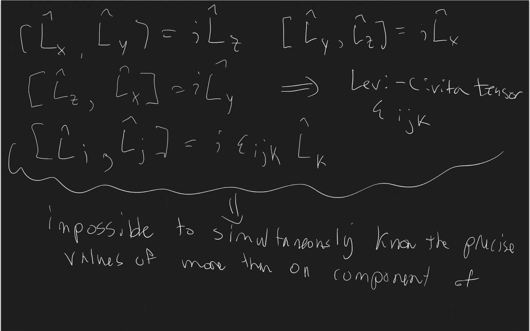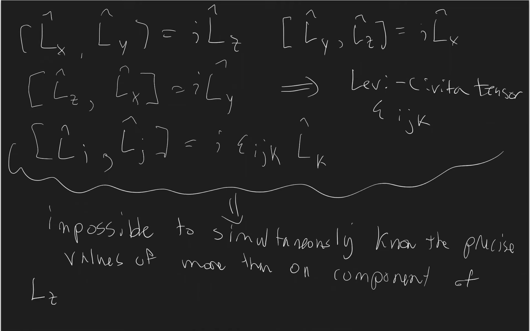So we can't know more than one component of the angular momentum vector, which is a limit imposed by quantum mechanics. This is a direct expression again of the uncertainty principle for angular variables.